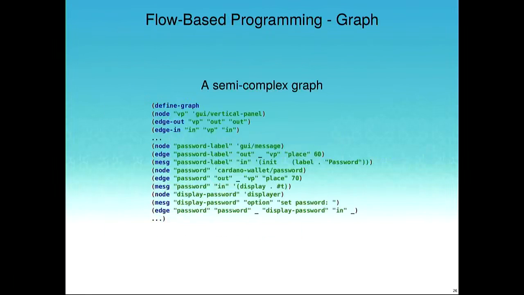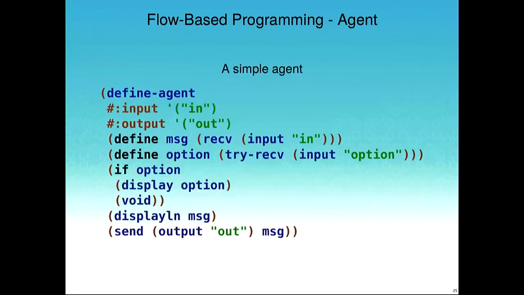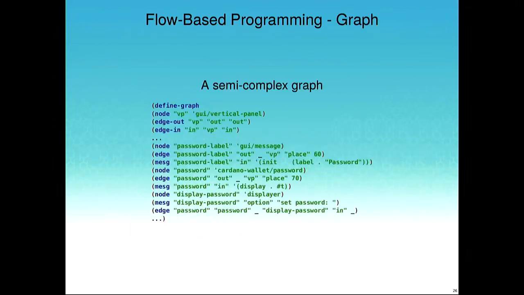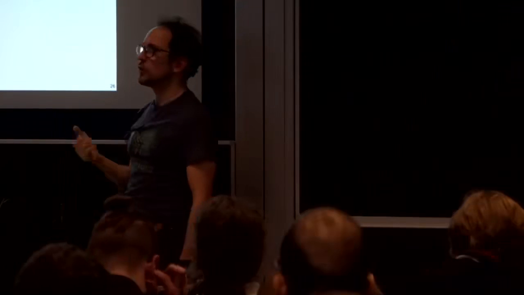And here, when I say node, VP, GUI, vertical planet, that's such an agent or a graph. I give this code the name displayer. I call it displayer.rkt and put it in the right directory. And what happens here, 3 lines from the end, it says node, display password, displayer. And displayer there loads the code on the previous page.